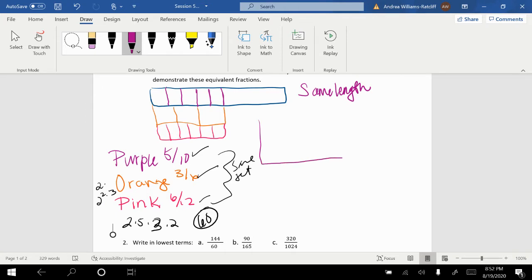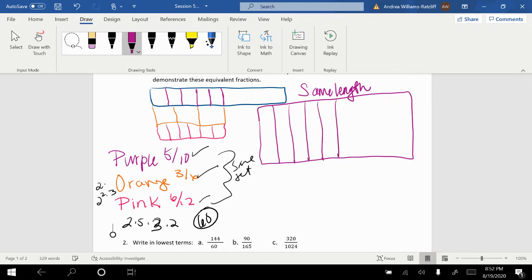So we'll start with our purple first, and I'm going to give myself a pretty good size box here. I'm going to create 10 groups: 2, 3, 4, 5, 6, 7, 8, 9, 10 groups. Each one of these groups is a tenth.